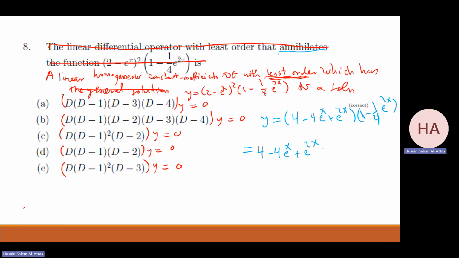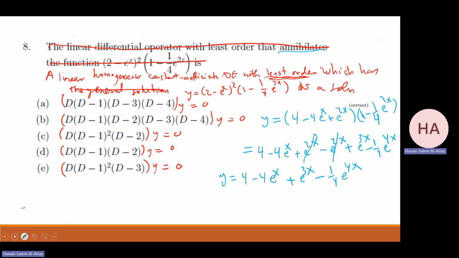Now minus 1 over 4 that minus e^x plus e^3x minus 1 over 4 e^4x. Yeah, I notice here these two are cancelled. So my y is 4 minus 4e^x plus e^3x minus 1 over 4 e^4x.